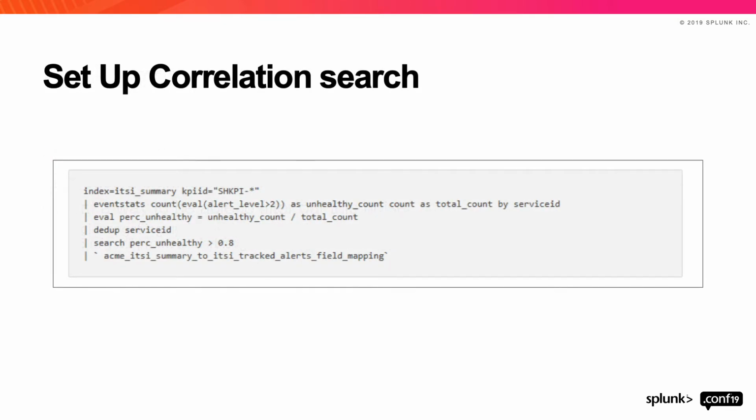So we have a correlation search that can help reduce some of that noise. If you take a look here, most of the power is the search percent unhealthy. This is going to make sure that 80% of the polls were actually unhealthy before it alerts. That means you're not going to have some ridiculous response time anomaly page out someone.